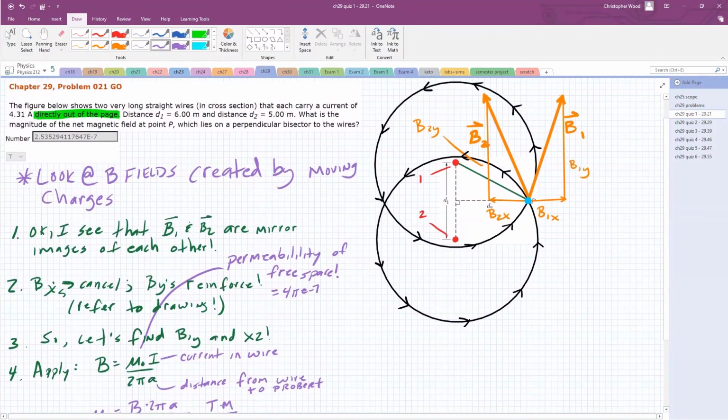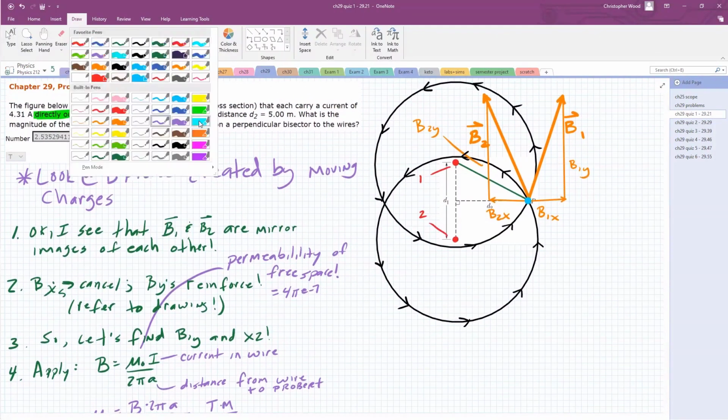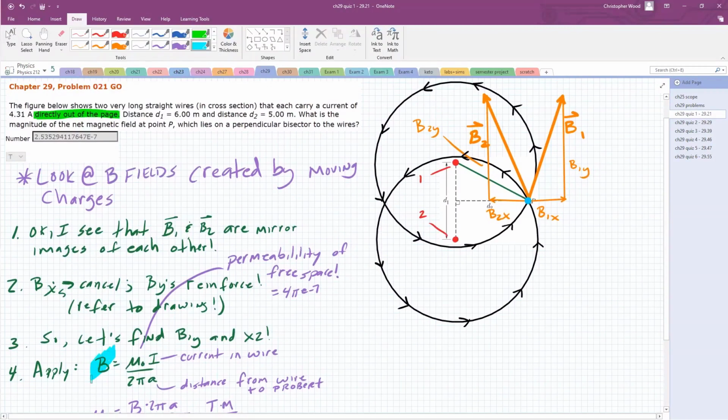But this is a key building block for chapter 29. This is the magnetic field that exists at a given point, a distance A away from the source. It could be a current carrying wire or just a charge moving through space. Okay, so that's a big deal, and all we're going to do is apply that.